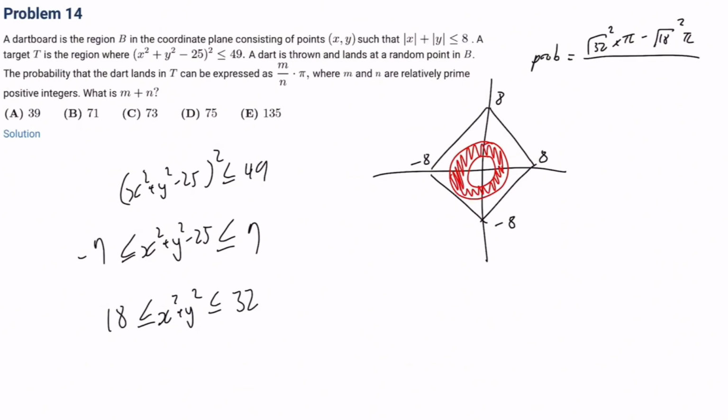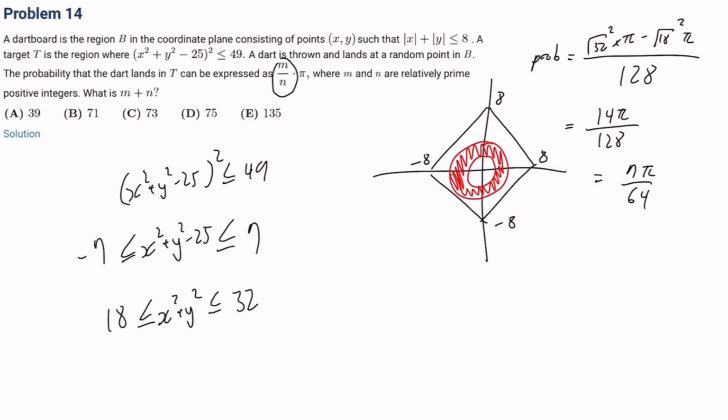That's 64 times 2, which is 128. And if you're doing this, you're doing it the stupid way because the areas are just radius squared times pi. So that's 32 minus 18 times pi, which is 14 pi over 128. This is equal to 7 pi over 64.